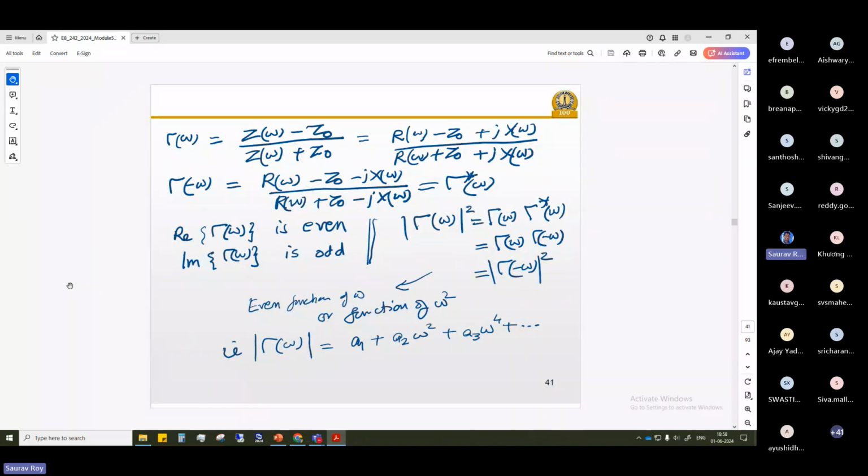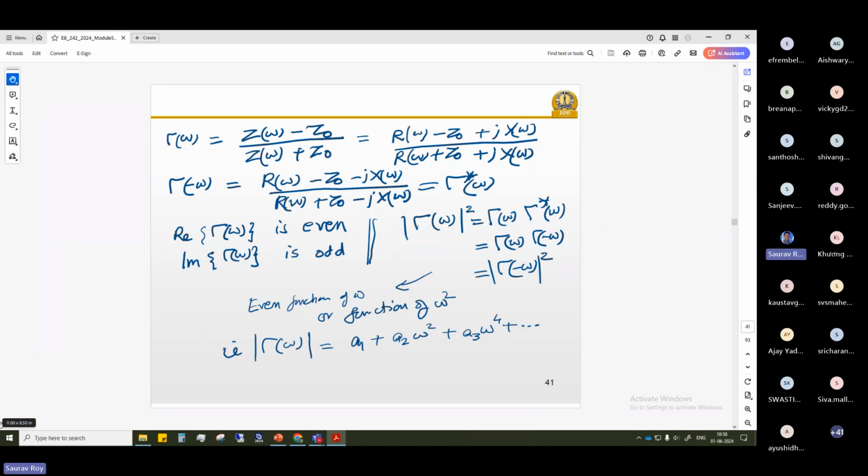In microstrip lines or any microwave theory, one of the main parameters is reflection, or return loss, which is defined in terms of capital gamma, the ratio of Z minus Z naught by Z plus Z naught, that you know from transmission line theory. You take either the input impedance or the output impedance of a network, and Z naught is the characteristic impedance of the transmission line.